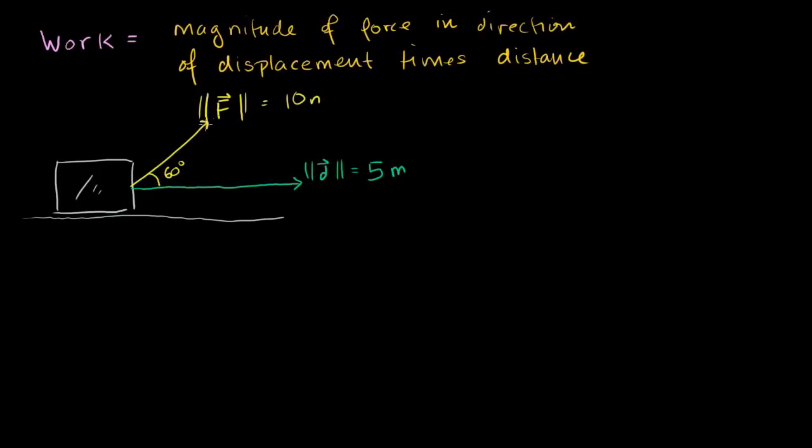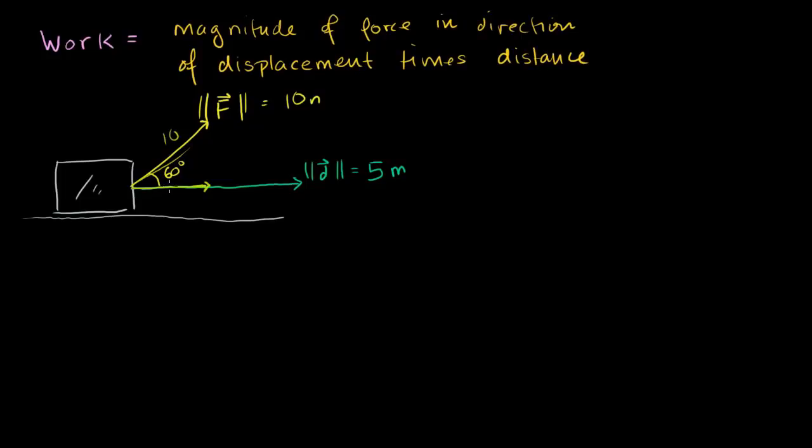You have to find the magnitude of the component going in the same direction as my displacement. If the length of this vector is 10, that's the total force, but you need to figure out the length of the vector that's the component of the force going in the same direction as my displacement.